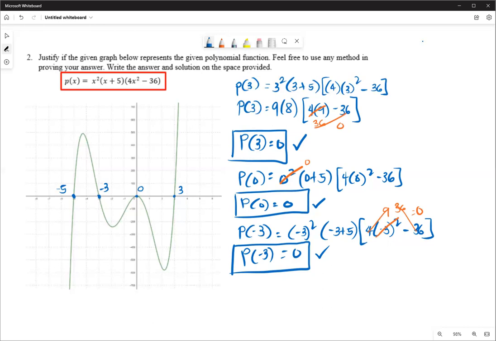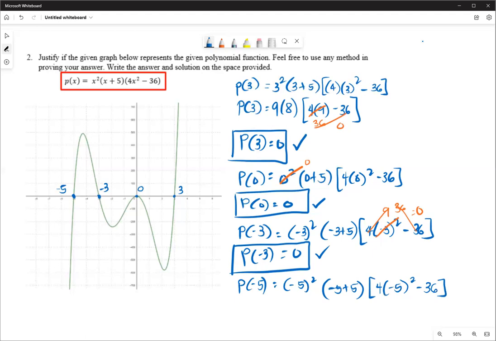the p of -5. When you substitute it to the given function, we will have (-5) squared times (-5 plus 5) times (4 times (-5) squared minus 36).